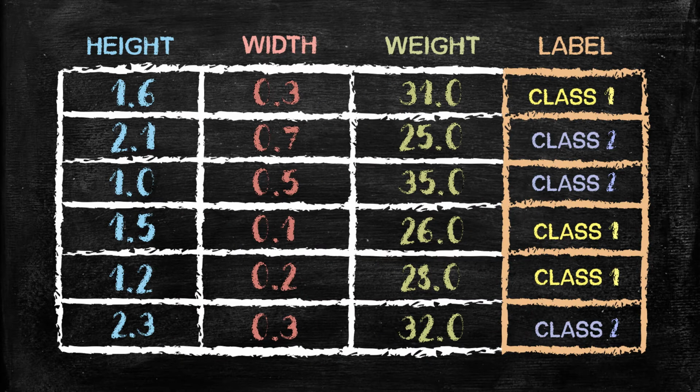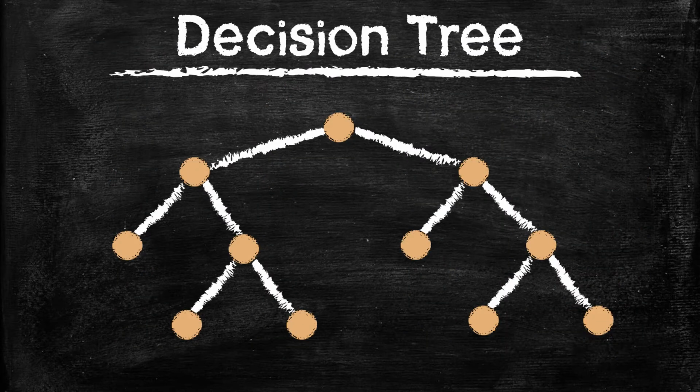So I have this data set here. It's using heights, widths, and weights, and we are mapping them to two classes. So again, binary classification. And so we're going to take these values and we're going to come up with some condition statements within a decision tree in order to help us map to class 1 and class 2. So I have this decision tree drawn up, and the first thing we're going to need to do is come up with those condition statements.